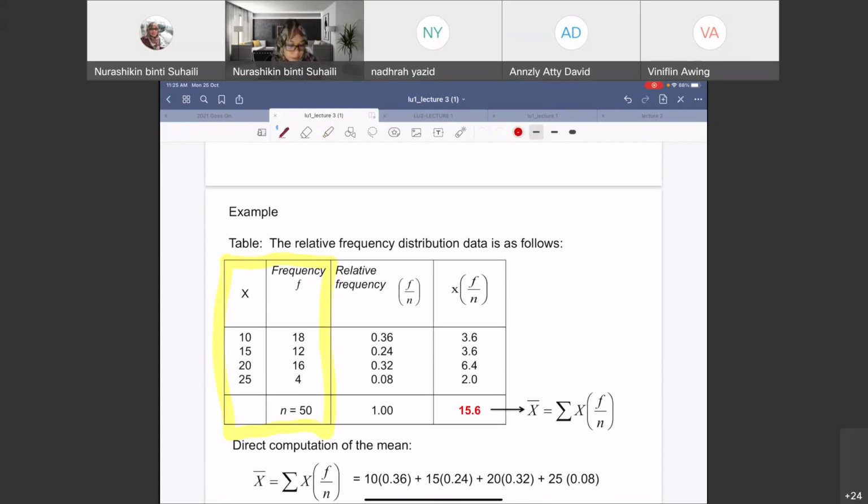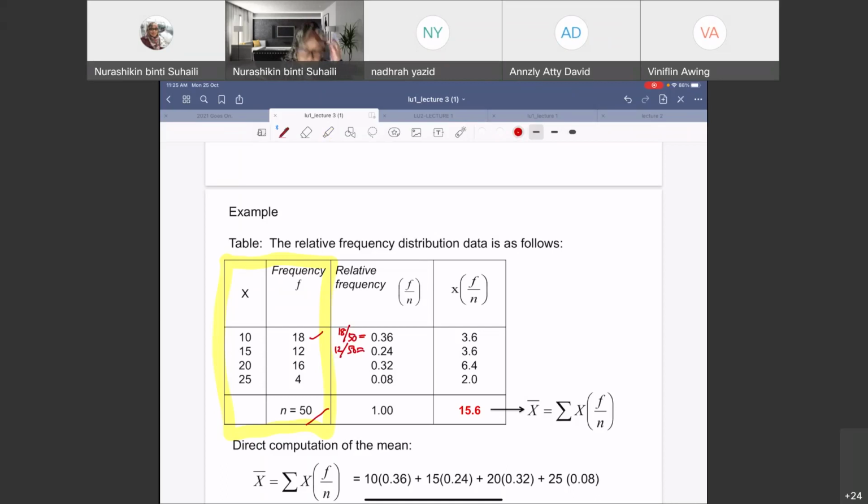Remember, we know this one is the total and this is the frequency. So relative frequency means that we divide the frequency by the total frequency. So here, 18 divided by 50 is equal to 0.36. 12 divided by 50 is equal to 0.24, and so on until the end.